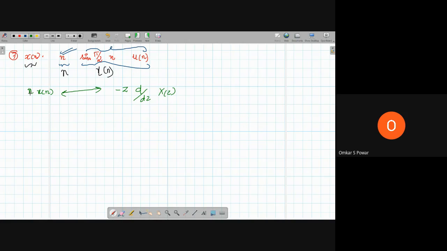What you want is the z transform of n into x of n, which is sine (pi by 2 into n) into u of n. So it is minus z d by dz of X of z, where X of z is the z transform of x of n, and your x of n is sine (pi by 2 into n) into u of n.